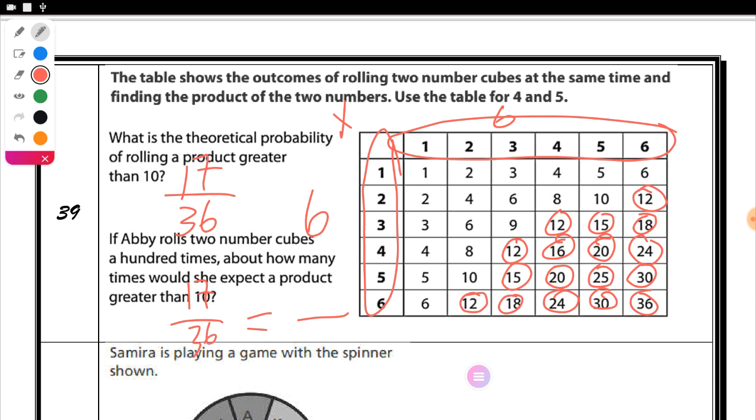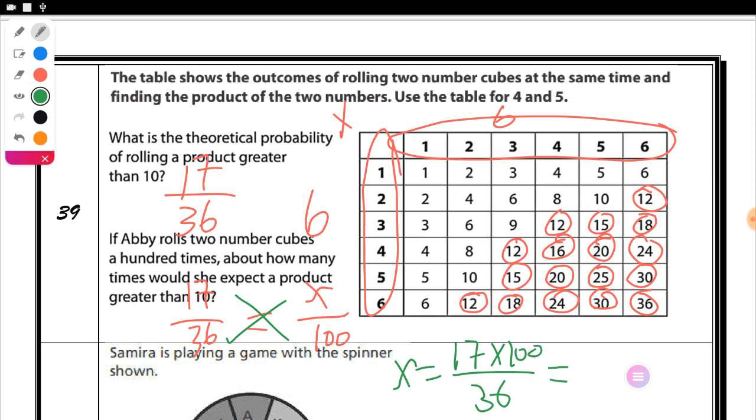In the second part, I have the number 100. He said 100 times. I don't know how many, so I will call it x. By cross multiplication, x equals 17 multiplied by 100 over 36, which is approximately 47.